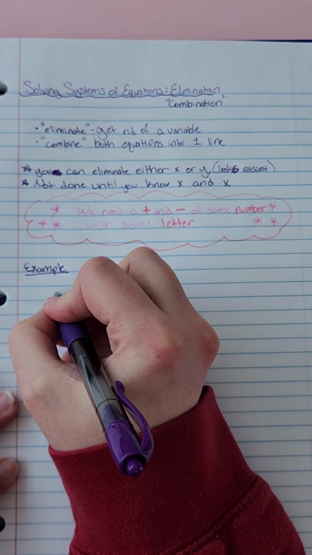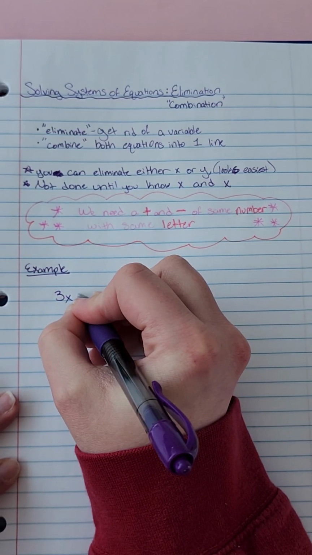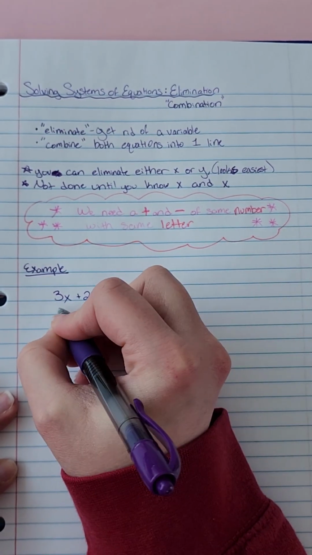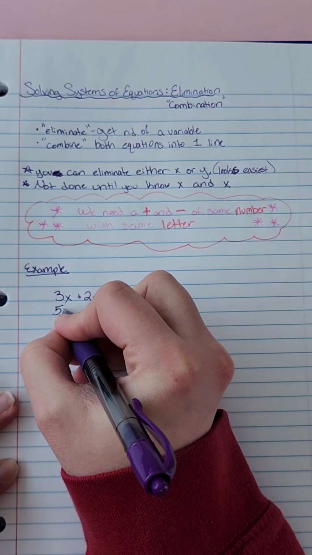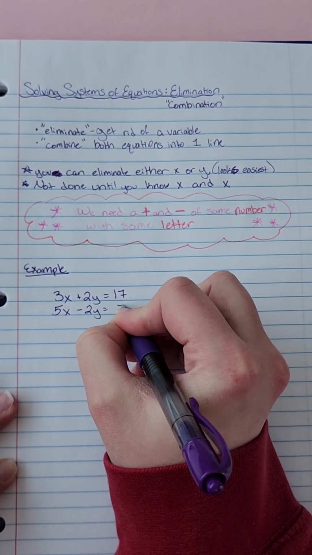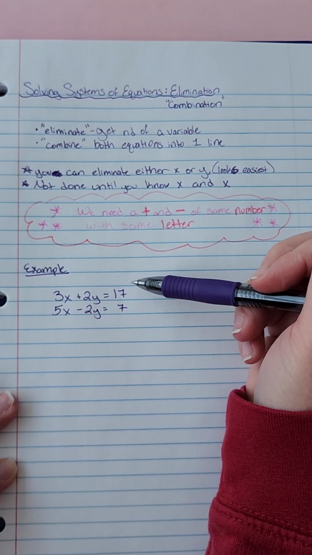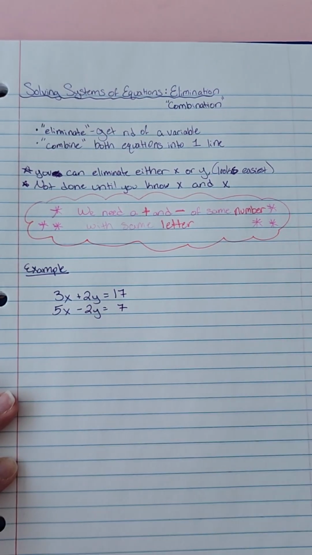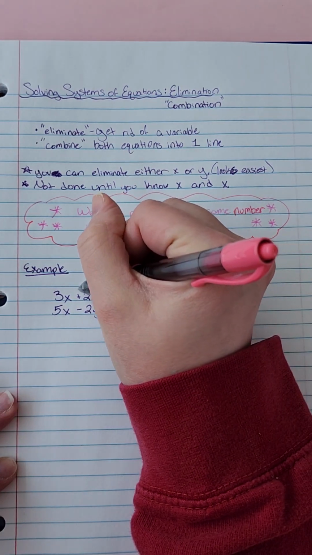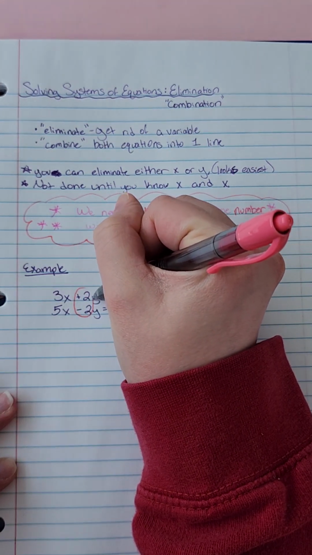Example number 1: 3x plus 2y equals 17, and 5x minus 2y equals 7. So here's my system, two equations stacked on top of each other. The key to note here is we have a positive 2y and a negative 2y.